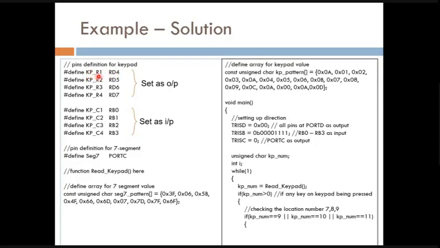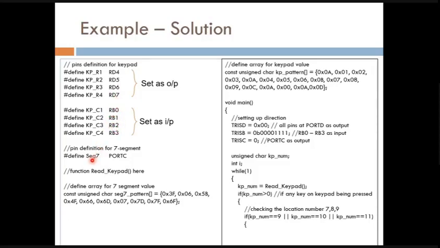So the next time you call it, you can call KP_R1, which represents port D pin number 4. Same goes for the rest. This one you set as output, and this one you set as input. If you are using the whole port D, make sure you assign this correctly. You need to be aware where is the output and where is the input. But for beginners, try to follow the example shown here.